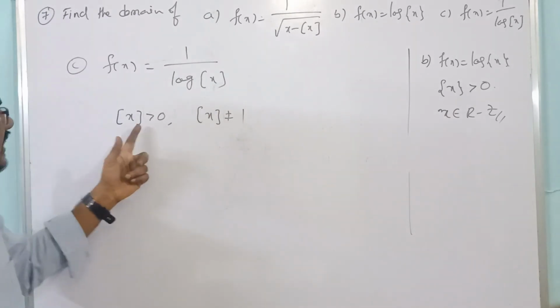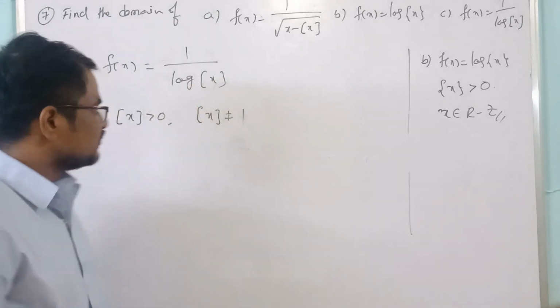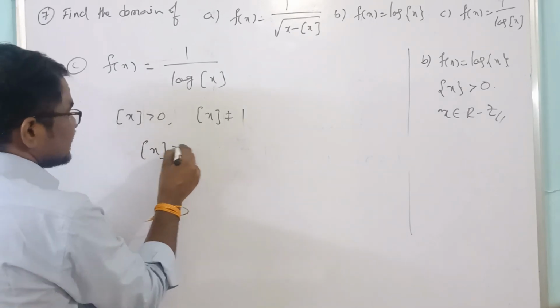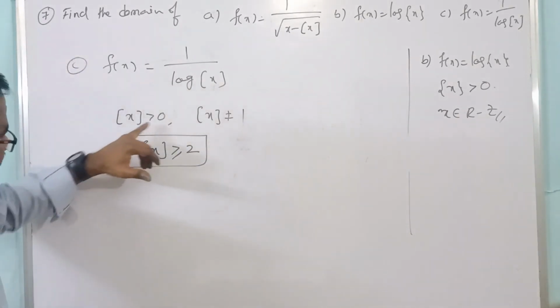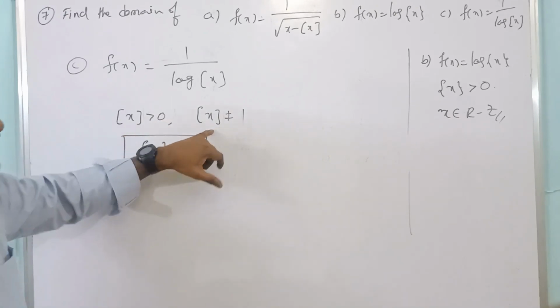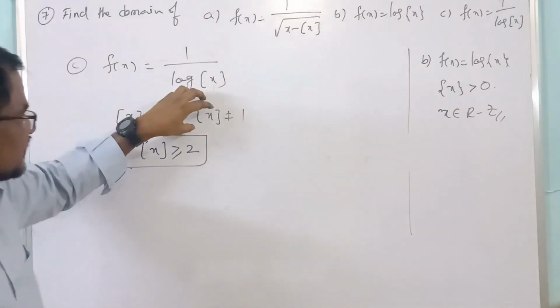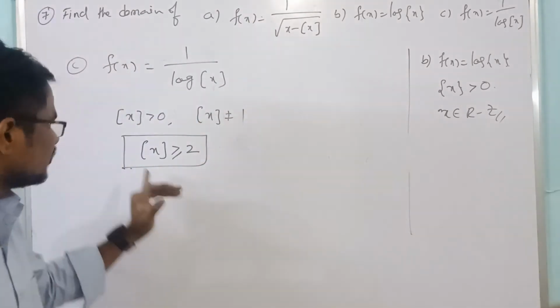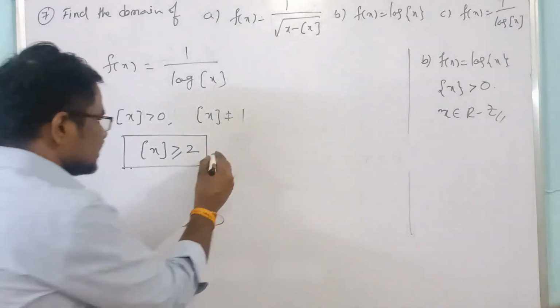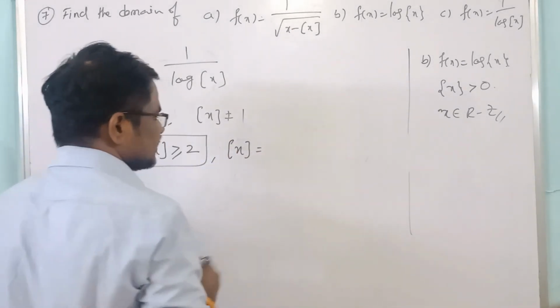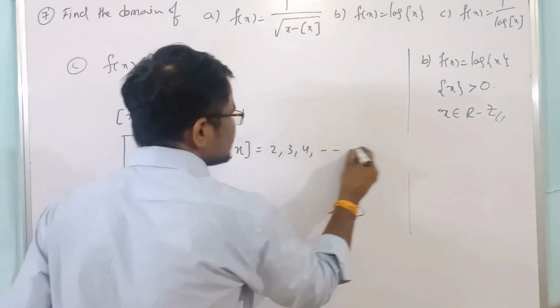So [x] must be greater than or equal to 2, right? Because [x] > 0 but [x] ≠ 1, and the greatest integer function takes only integer values. So what are the values of [x]? 2, 3, 4, and so on.